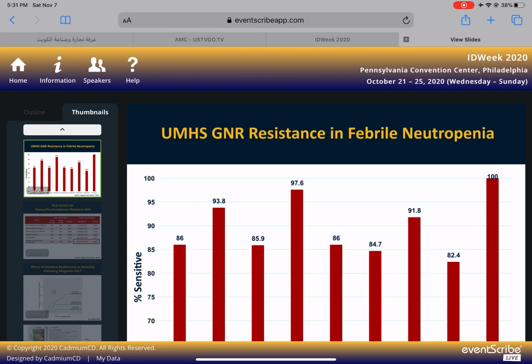And not surprisingly, neither one of these agents is going to cover every single gram-negative pathogen that we have in fever and neutropenia patients. You can see from our data here, piperacillin and tazobactam worked 86% of the time against gram-negatives, and cefepime had activity against almost 94% of pathogens.